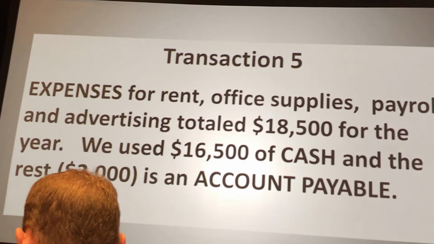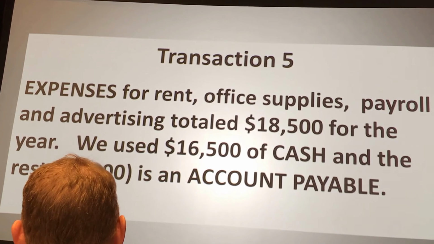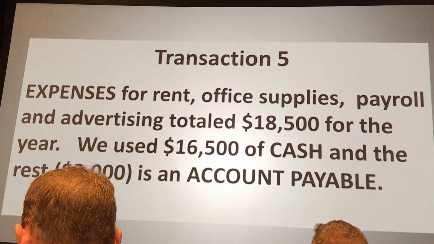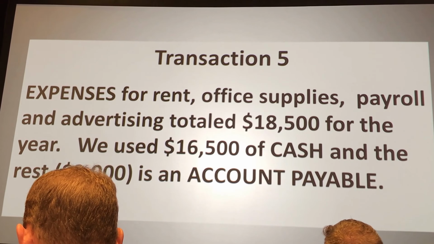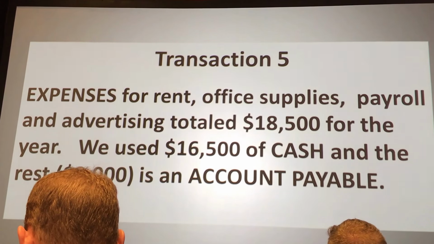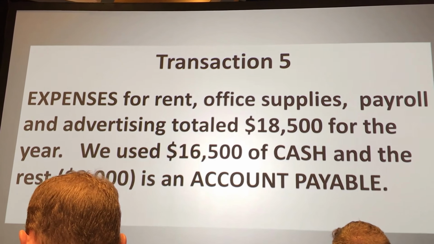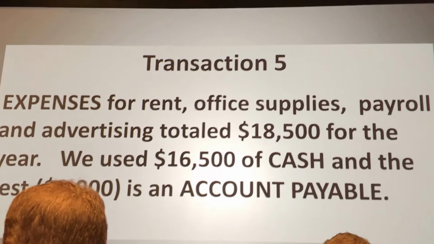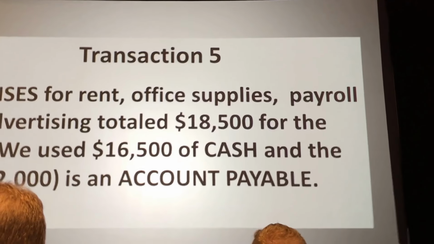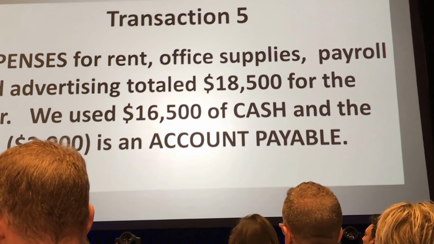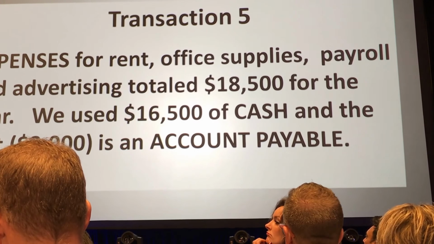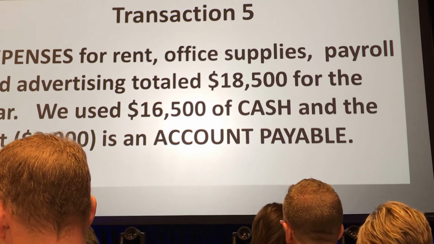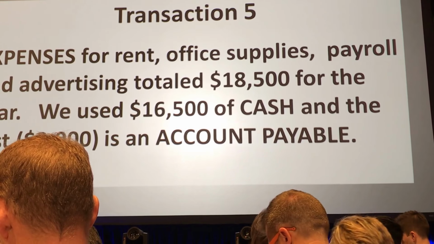Transaction 5. Expenses for rent, office supplies, payroll, and advertising total $18,500 for the year. We used $16,500 of cash, and the rest, $2,000, is an account payable. Now check this out. We had $18,500 of total expenses, and expenses reduce earnings, so our earnings got whacked by $18,500.